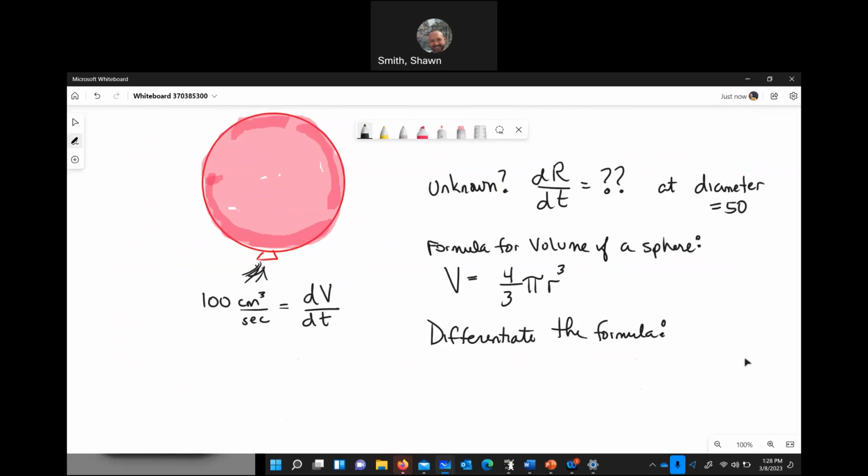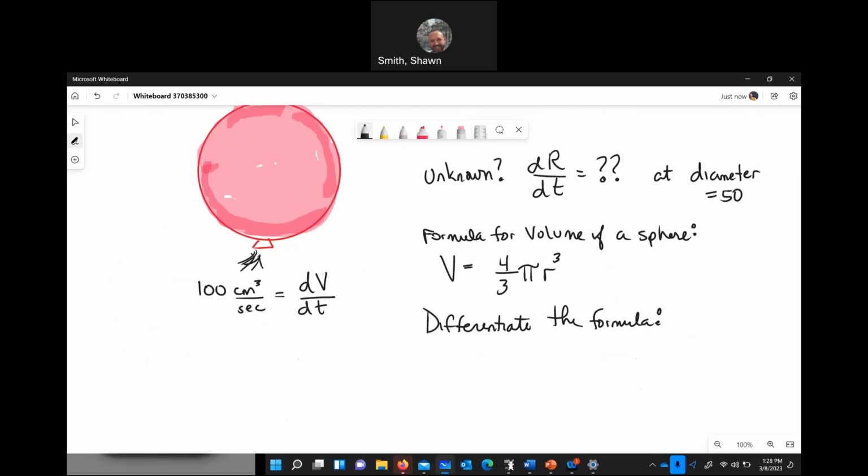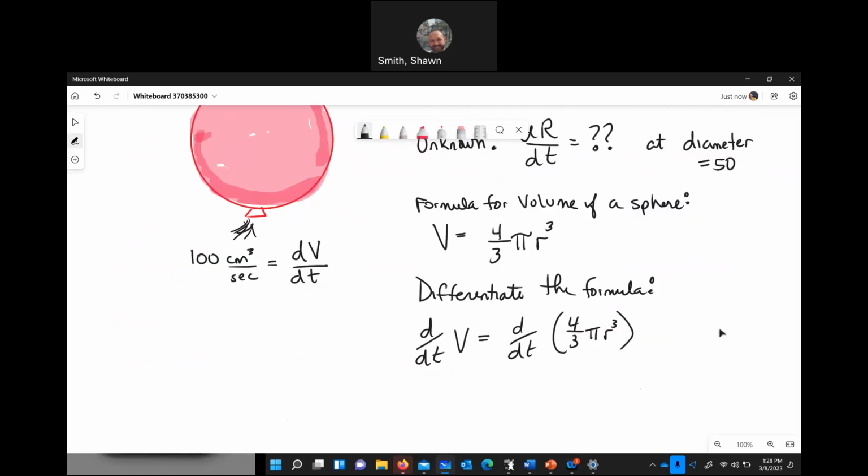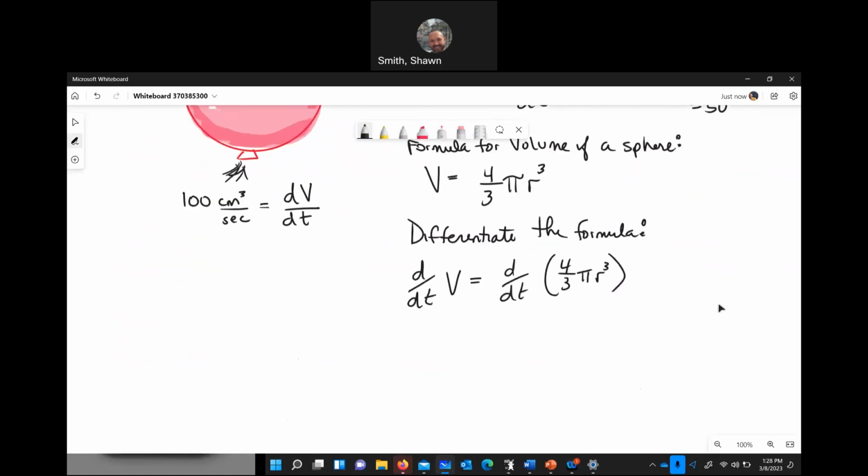So I'm going to take the derivative with respect to time of the left side and the derivative with respect to time of the right side. Now again, in that previous example, I used these as functions of t.